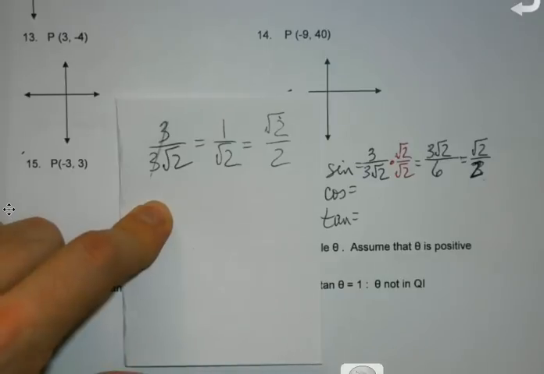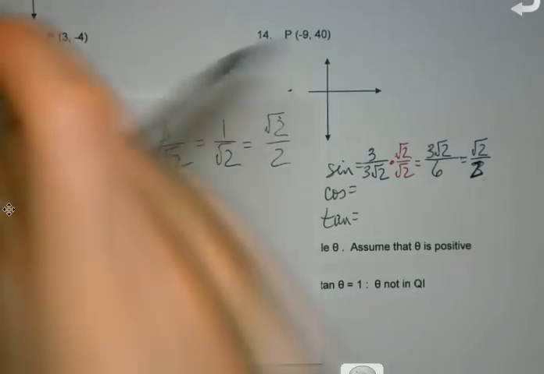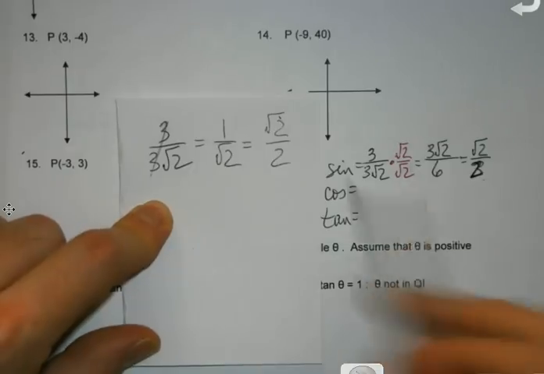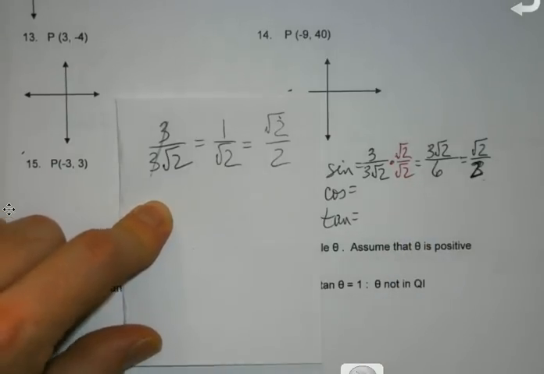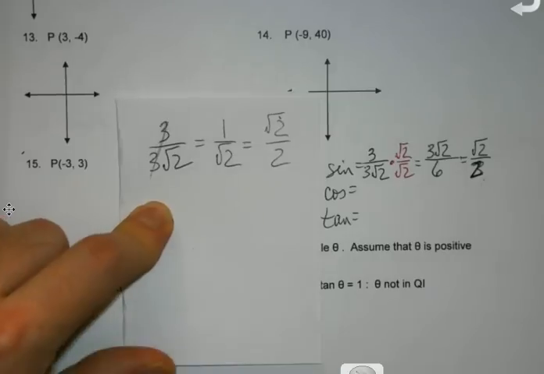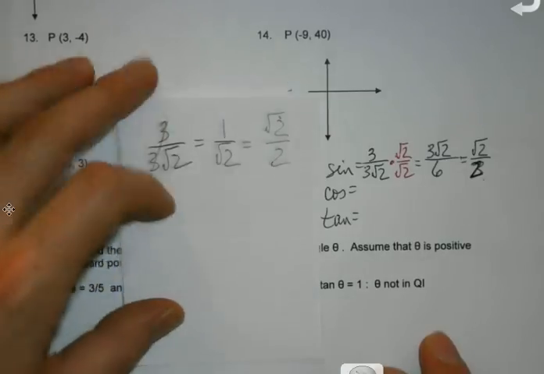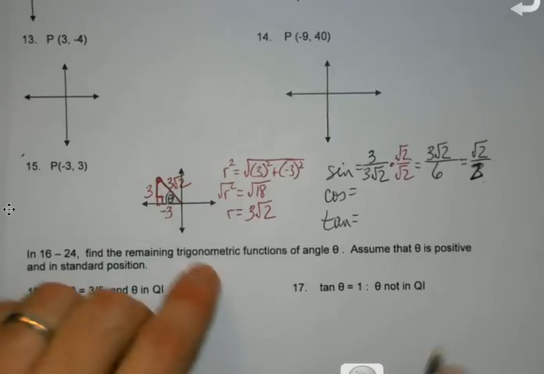Again, if you're very into, I want to do the exact same thing every time, do this, okay? Because I don't want things getting messed up for you. But if you're one of those, you're always looking for that little way to cut a little something here and there and it makes sense, go ahead and do that. So then cosine.